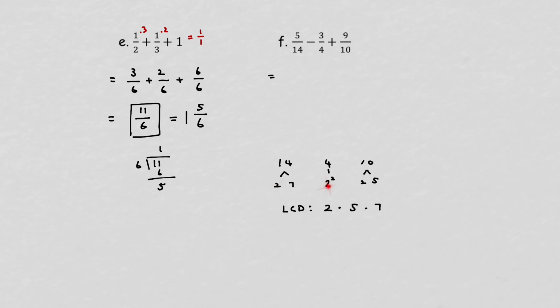So I have 2, 2, 2. And this 2 is the higher exponent, 2 squared. So I'm going to use that. It will be, I need to write it, 2 squared, right? So that means 4 times 5 times 7. That will be 140. So your LCD is 140.